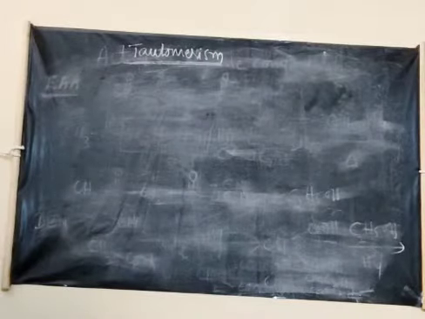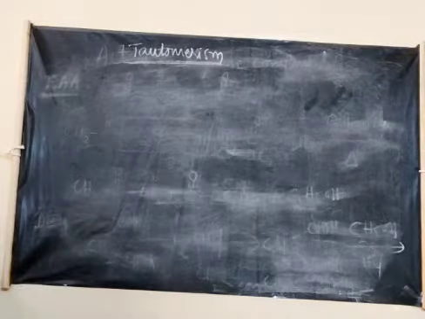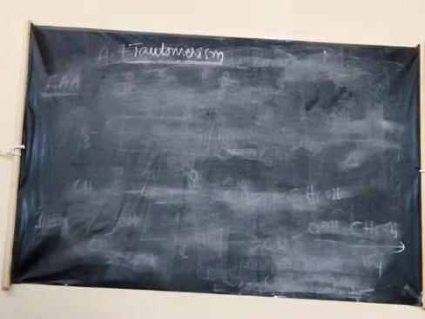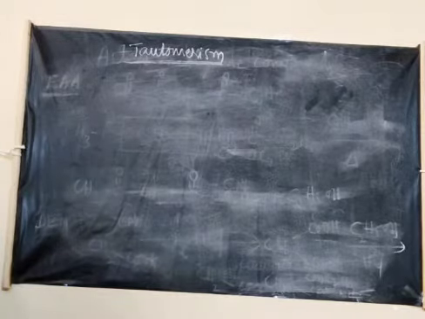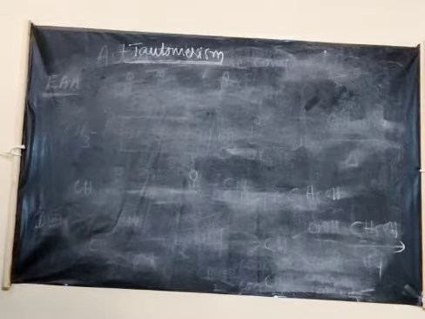Tautomers are two structures which are mutually interconvertible and exist in dynamic equilibrium, and the phenomenon is called tautomerism.